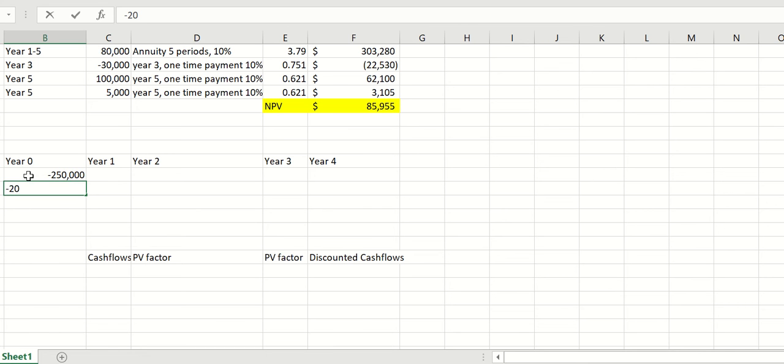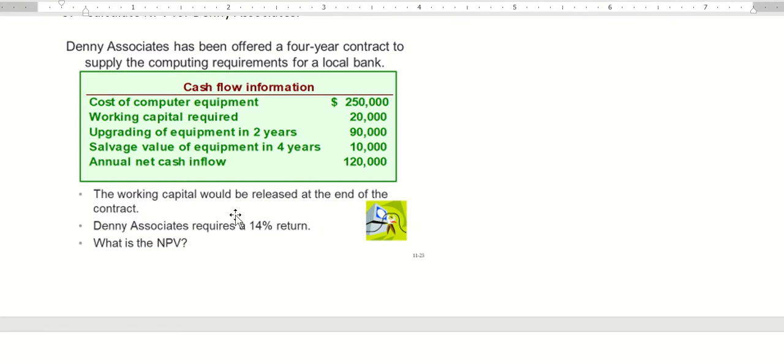Also, our working capital is an outflow at the beginning of the project, and it said it was going to be released at the end of the project. Let's go back here. Upgrading of equipment would be an outflow. We need to upgrade or maintain the equipment, an expenditure of $90,000 in year 2, so an outflow of $90,000. Salvage value of $10,000 in 4 years.